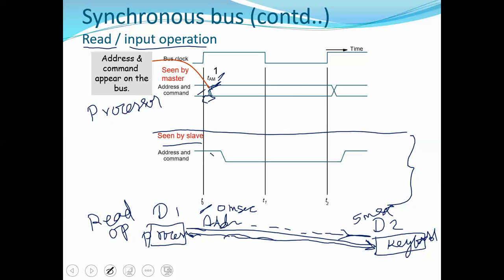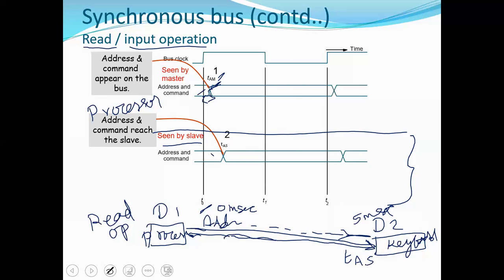So the slave sees the address at time TAS. So this is TAS, the address as seen by the slave, and this is TAM, the address seen by the master at time 0 milliseconds, and this is 5 milliseconds.